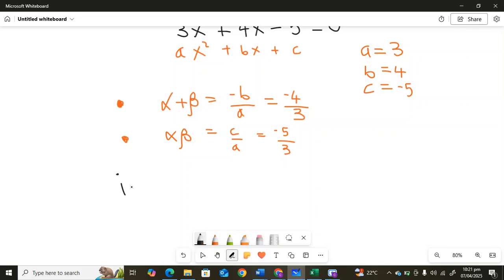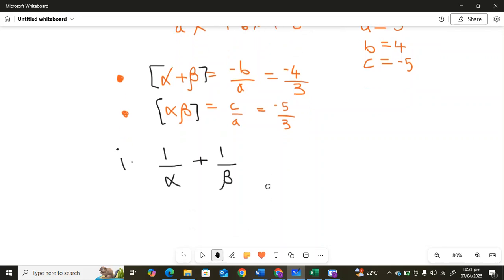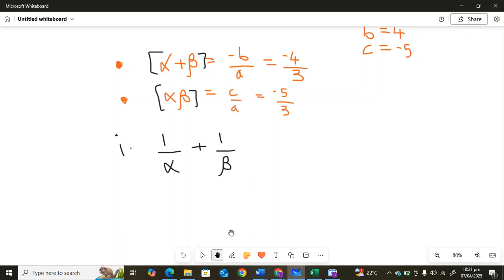The first part of the question was 1 over alpha plus 1 over beta. The secret of these questions is that whatever expression you are given, you want to break it down so that you can have an alpha plus beta and an alpha times beta. For this one, just solve it like a normal fraction.